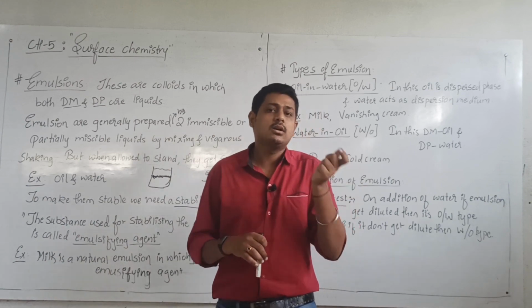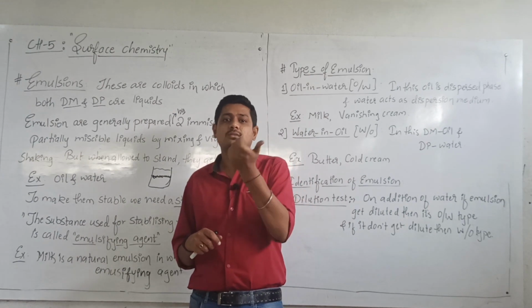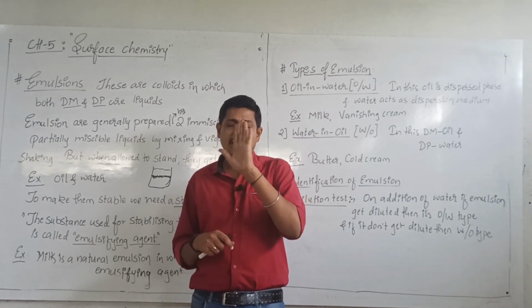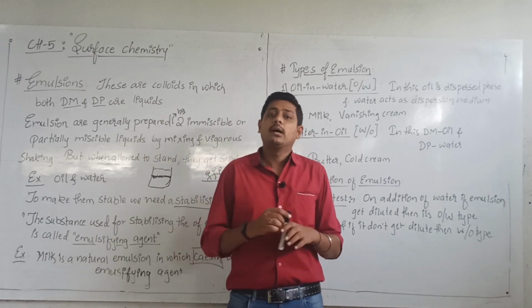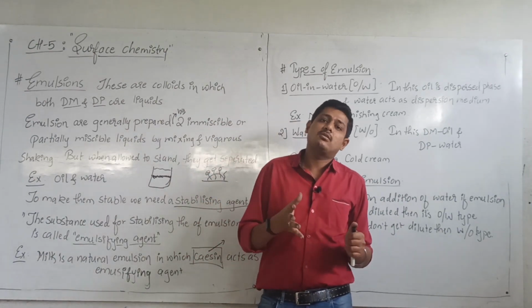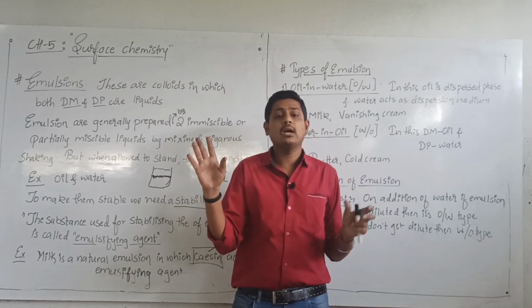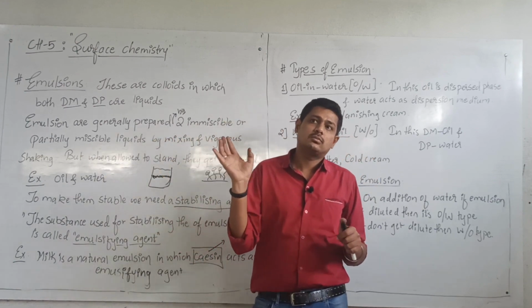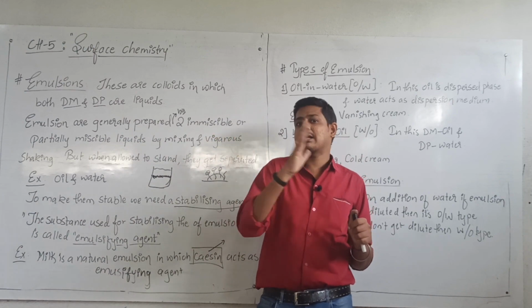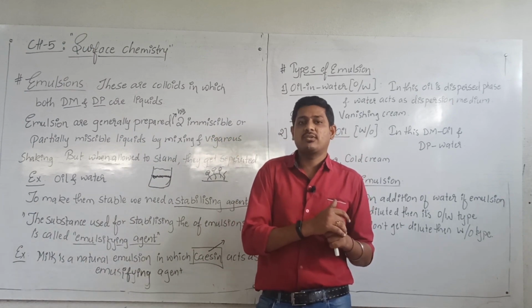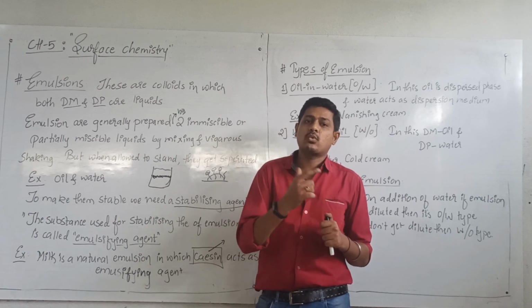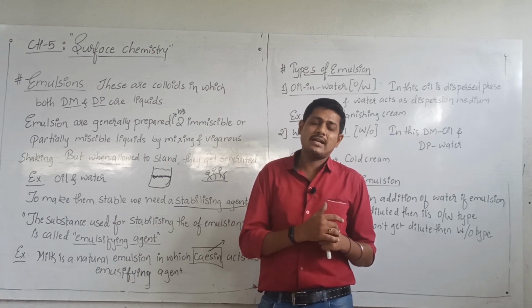For scattering of light, the diameter of the colloidal particles should not be too small. So the sky appears blue because some colloidal dust particles are present in the upper atmosphere, which scatter the light.